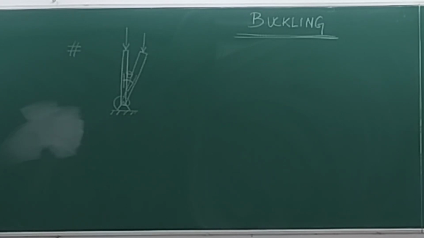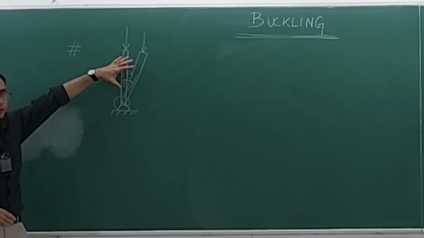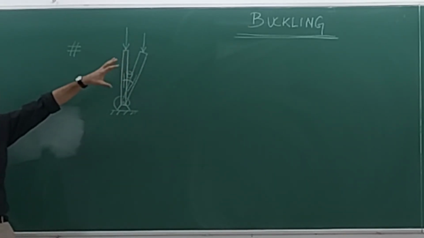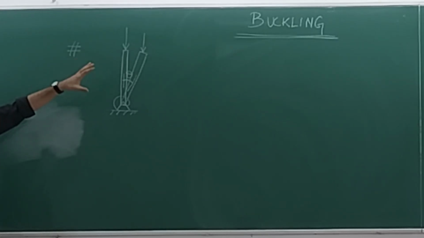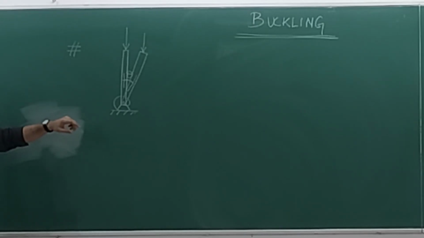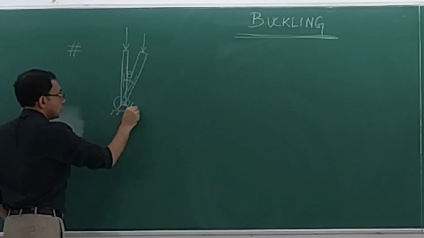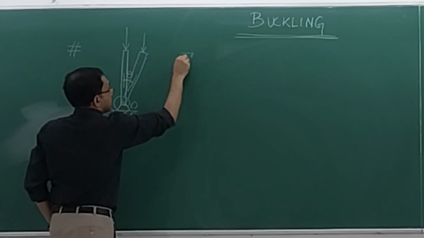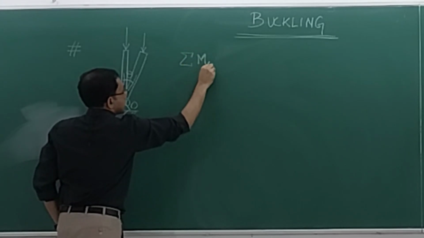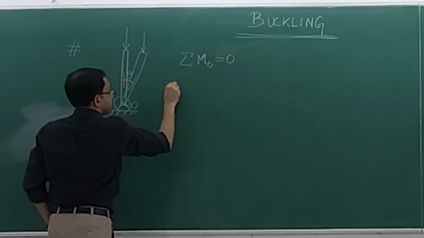Now you tell me, if I want to consider the free body diagram of this and write down the equations and at the same time consider that things are in equilibrium, then what is going to happen? Suppose I take the moment balance about this point. Let's say this point is O. So sigma M_O equal to 0. This is what I'm going to write.